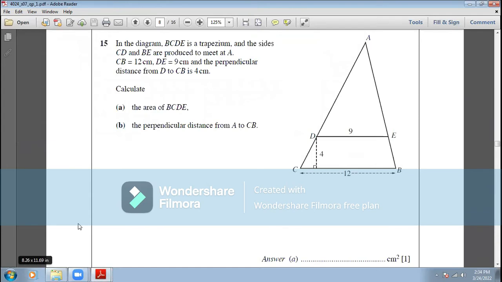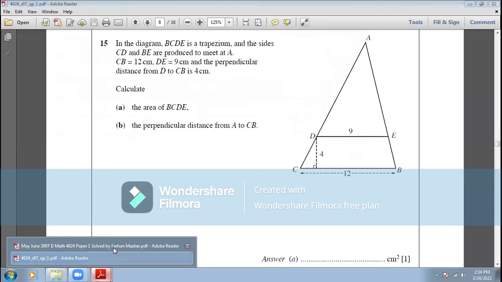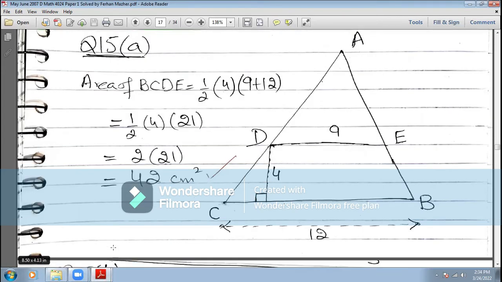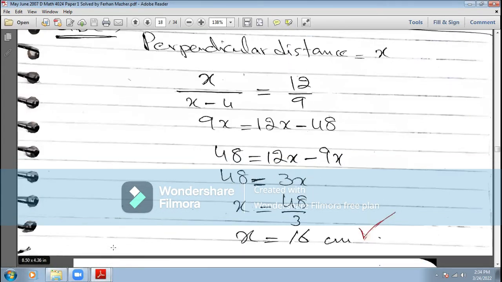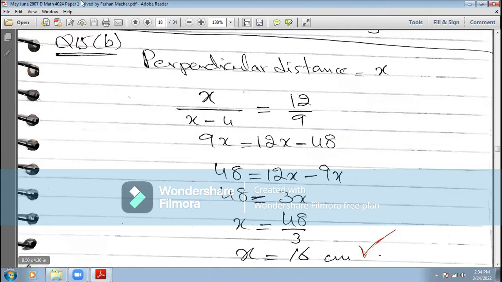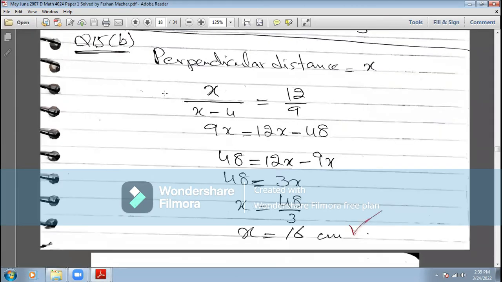The question number 15, B part, is the perpendicular distance from A to CB. They want us to find out the perpendicular distance from A to CB. So I will draw a perpendicular here and I want to know how much that is. It's very simple. It's like similarity. Okay, so let me reduce the size.